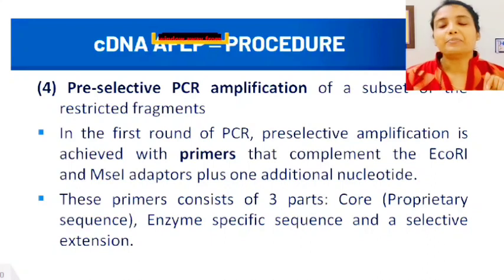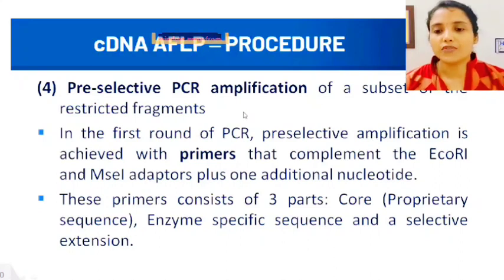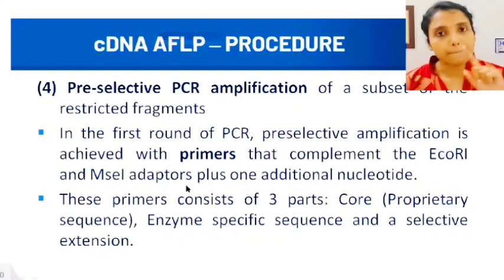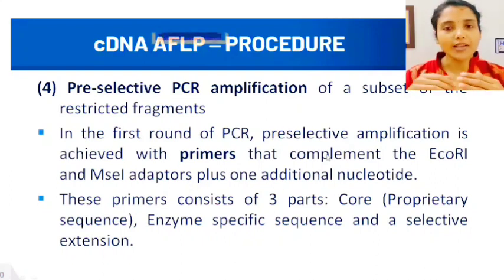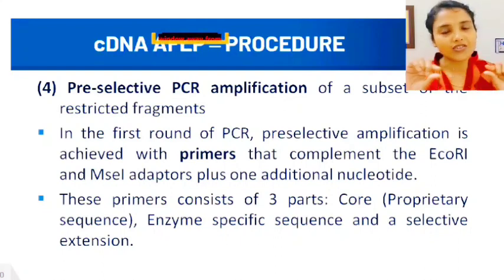So here in pre-selective PCR amplification, in the first round, pre-selective amplification is achieved with primers that complement the EcoR1 and MS-even adapters plus one additional nucleotide. So you have your cDNA fragments which are having adapters at both ends now, right? So in the first step, denaturation will happen. So you will have a single strand of cDNA with adapters at both ends.